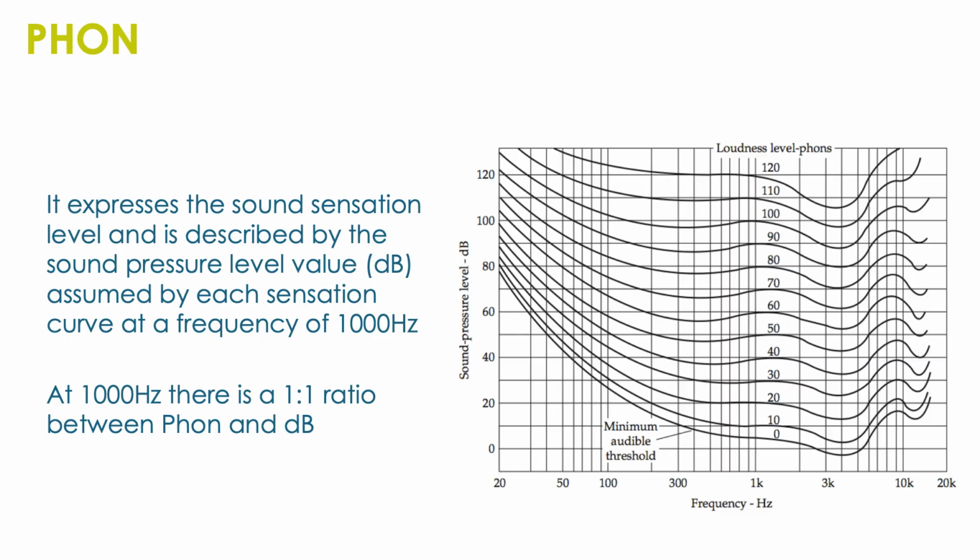The phon scale is derived from these contours, which map out the sound pressure level across different frequencies that is perceived as equally loud. For example, a 40 phon sound is equally loud across all frequencies, but the required SPLs to achieve this vary by frequency.